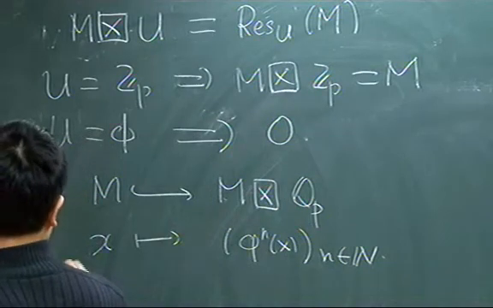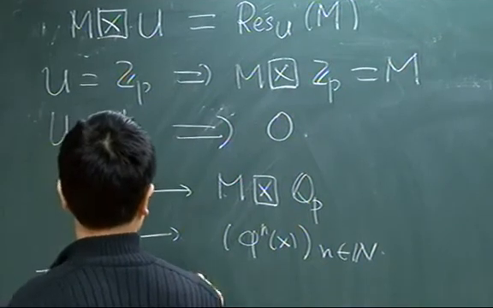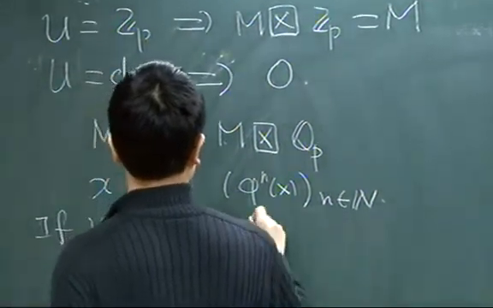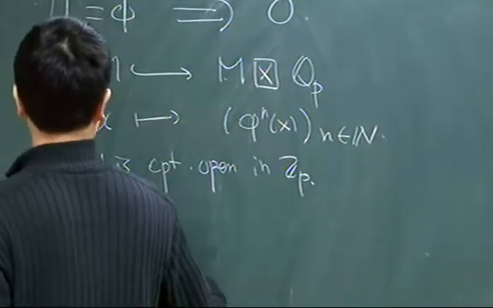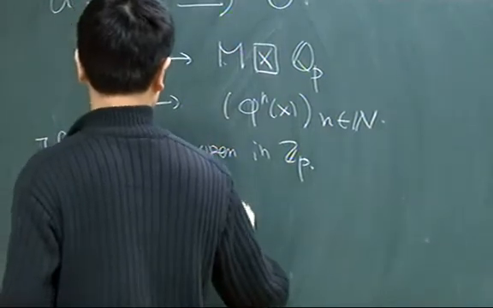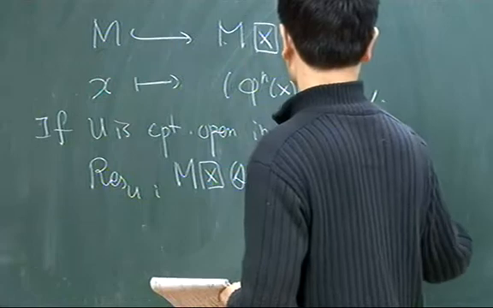Now if U is compact open in Zp, again you can define this one. But how do we define this?